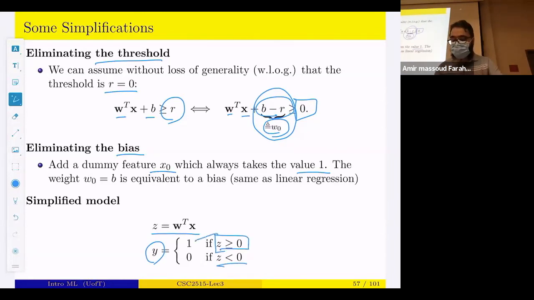If it's positive, we output 1. If negative, we output 0. In some cases, if we want to predict -1 or +1 instead of 0 and 1, the only thing that would change here is that we need to have -1 as the prediction here. So nothing major. Any questions?